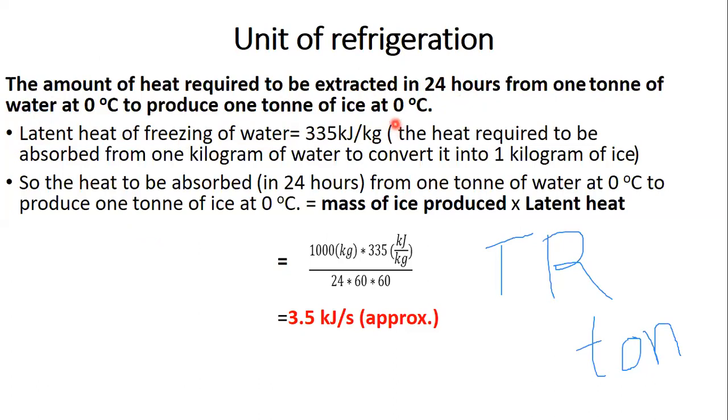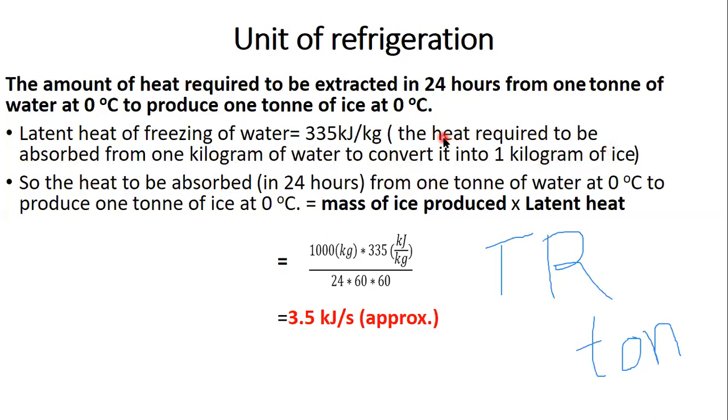What is meant by this latent heat of freezing of water? It is the heat required to be absorbed from 1 kilogram of water in order to convert it into 1 kilogram of ice.